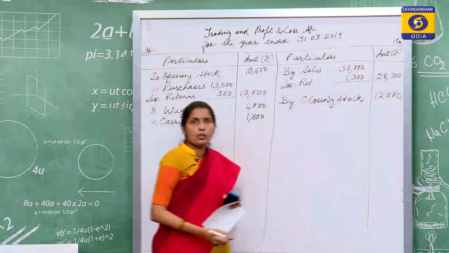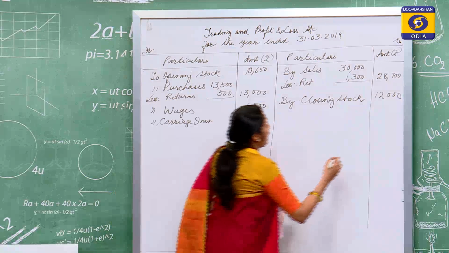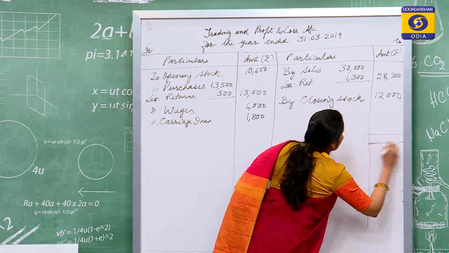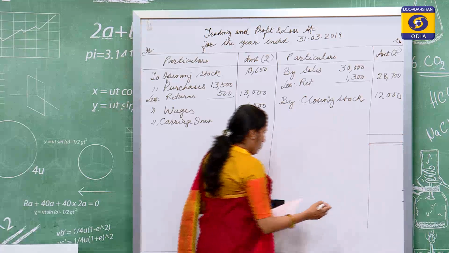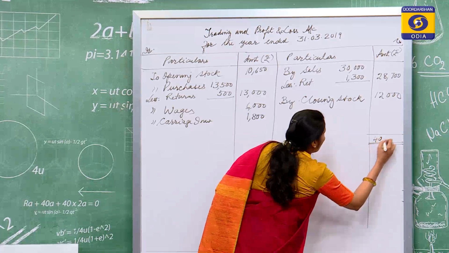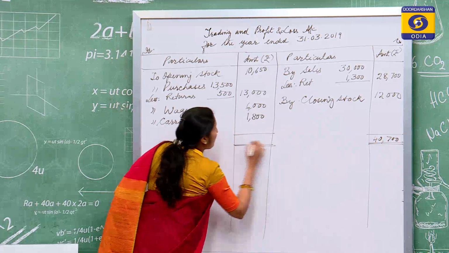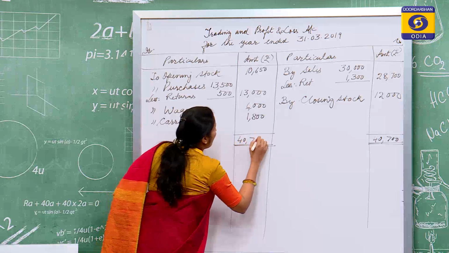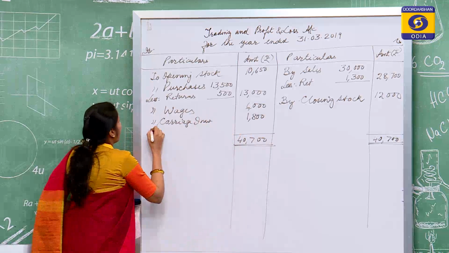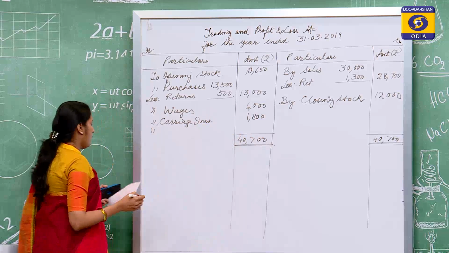So let's now do the totaling of the credit side. The totaling on the credit side is 40,700. And we can see that we will have a gross profit because the debit side total is less than the credit side total.